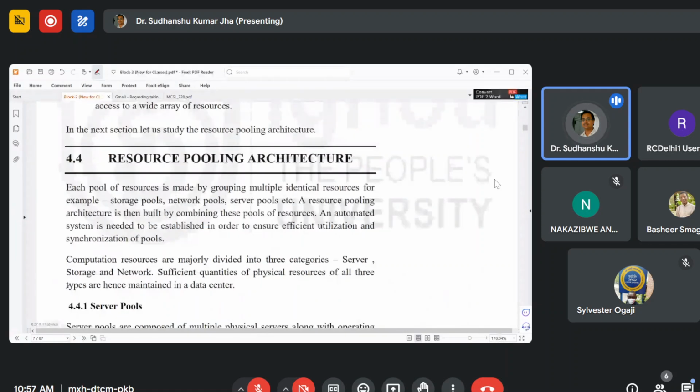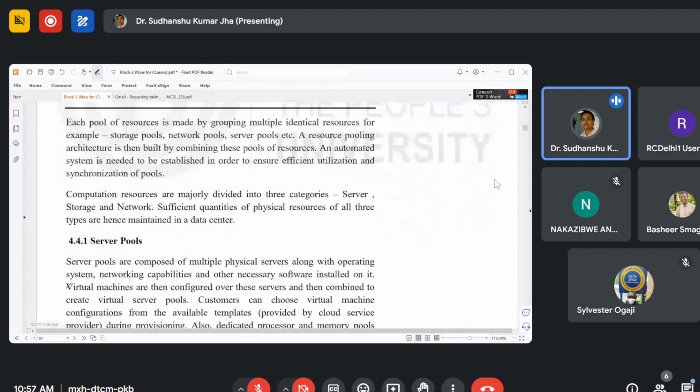So in the resource pooling architecture, whatever computational resources we have are categorized into three categories: server category, storage category, and network category. And a sufficient quantity of physical resources of all three types is present in the data centers.